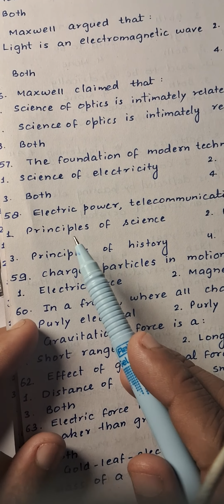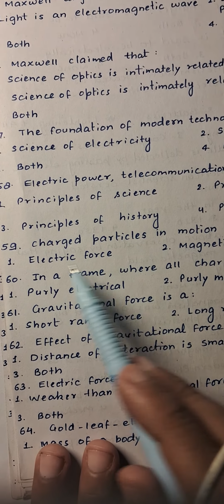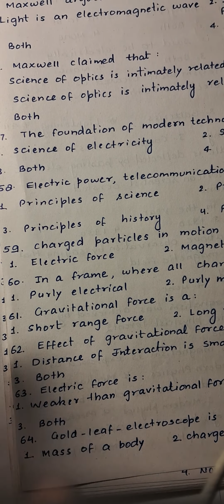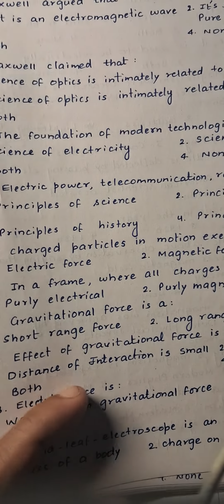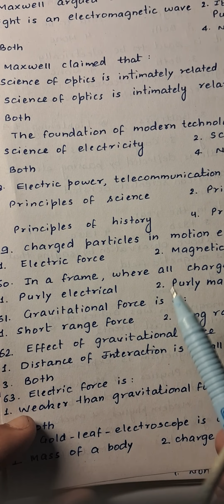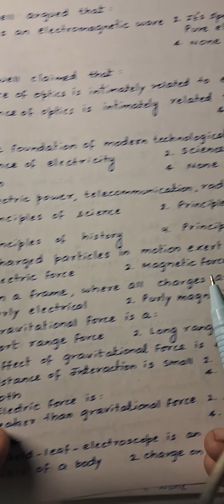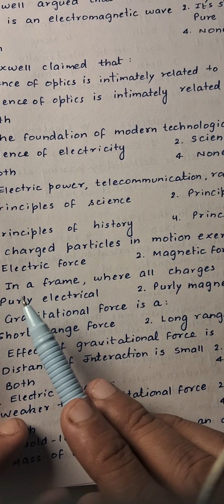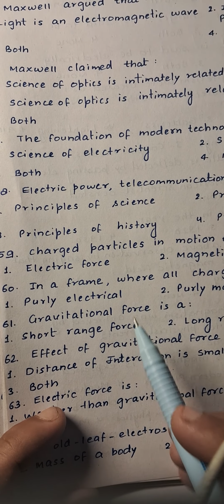So first one will be correct over here. Next is charged particles in motion exert electric force, magnetic force, both or none. So both will be correct over here. So here third option will be correct. Next is in a frame where all charges are at rest, forces are. So charges are at rest, so forces are purely electrical over here. So first one will be correct.